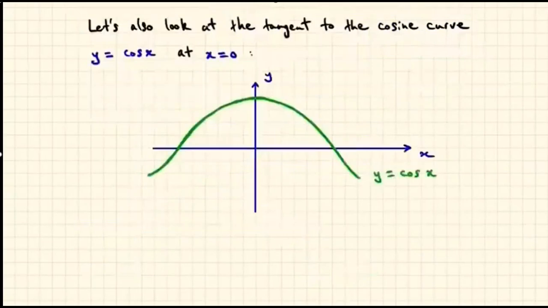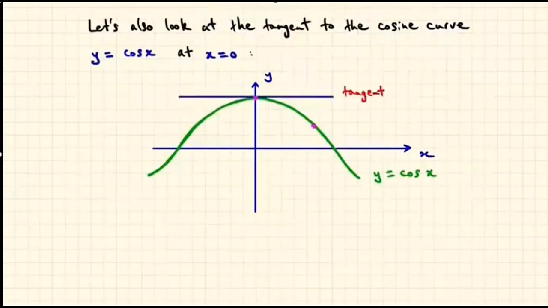Let's look at the tangent to the cosine curve at x equals 0. Because the cosine curve turns around at that point, the tangent is horizontal. So the slope is 0. Let's interpret this as a limit.